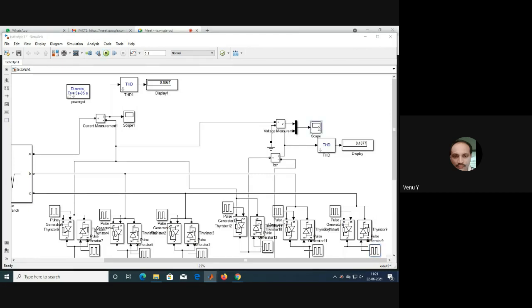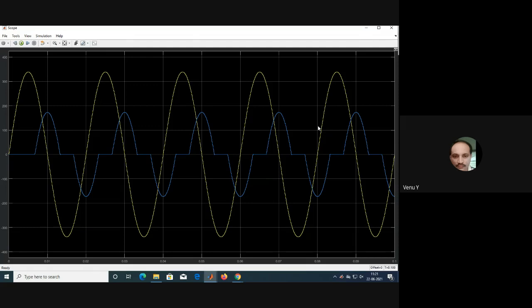48.7% is the THD content of TCR. Yellow color is the voltage, and blue color is current.